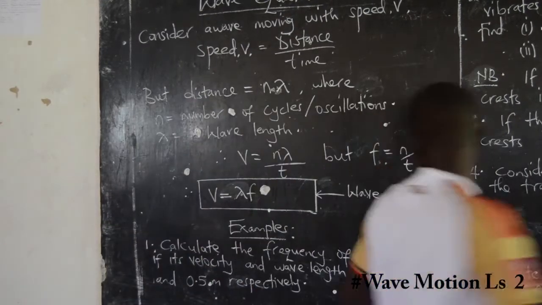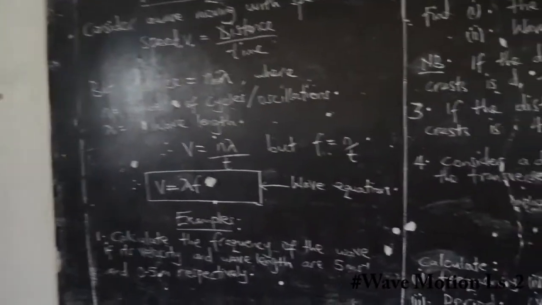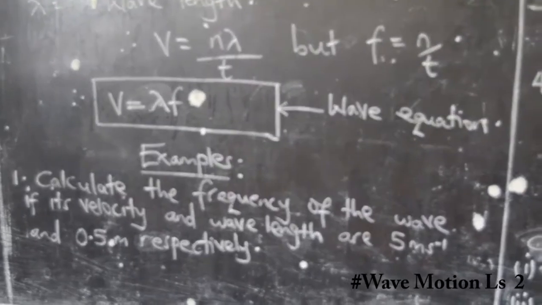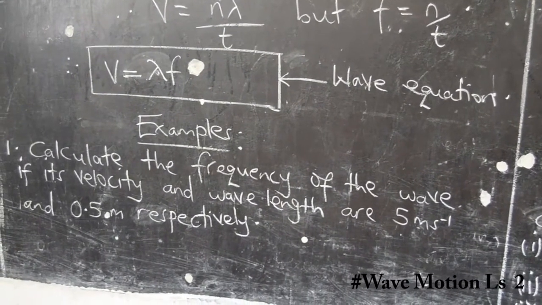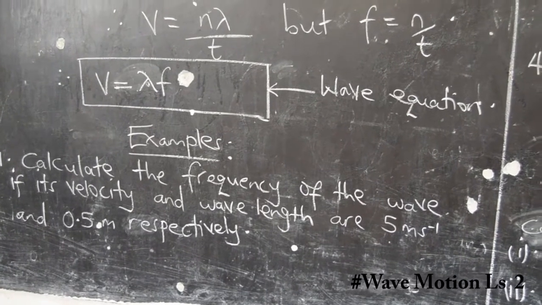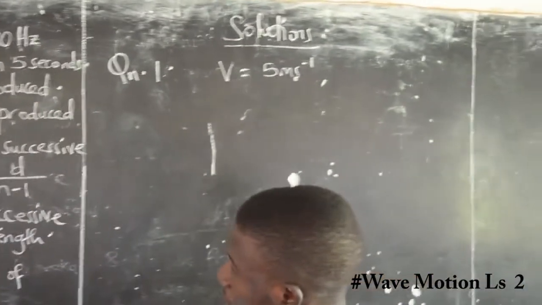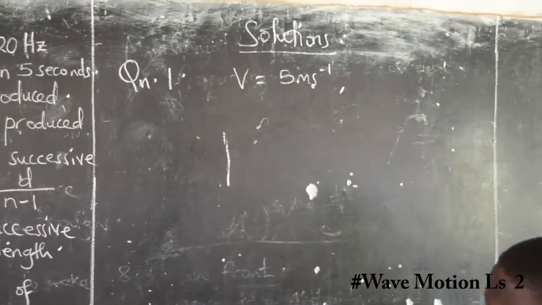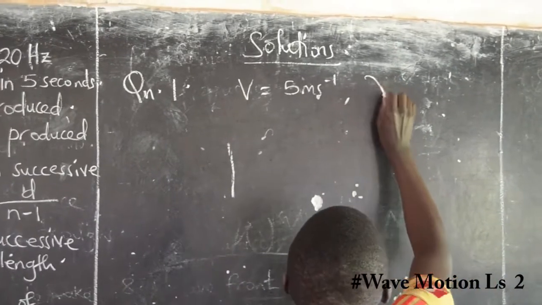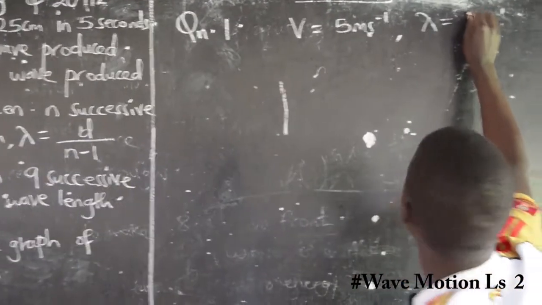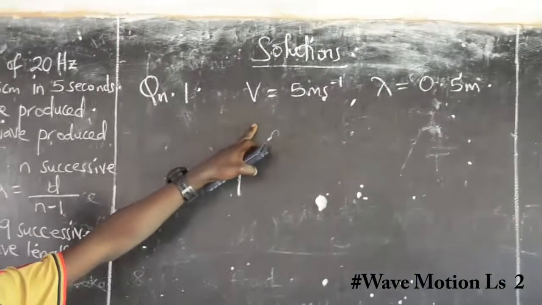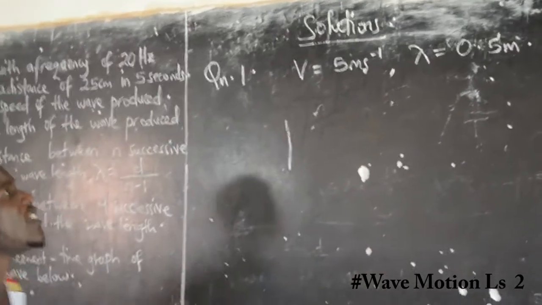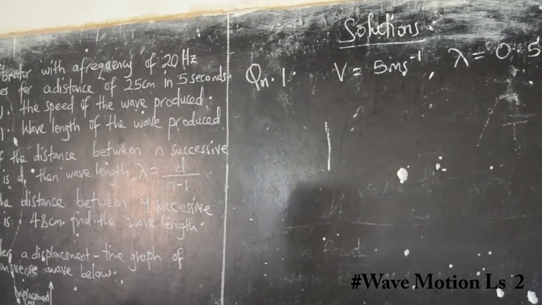Solution to question 1: they have given us the velocity, which is 5 meters per second, and the wavelength, lambda, is 0.5 meters. You are required to find the frequency.